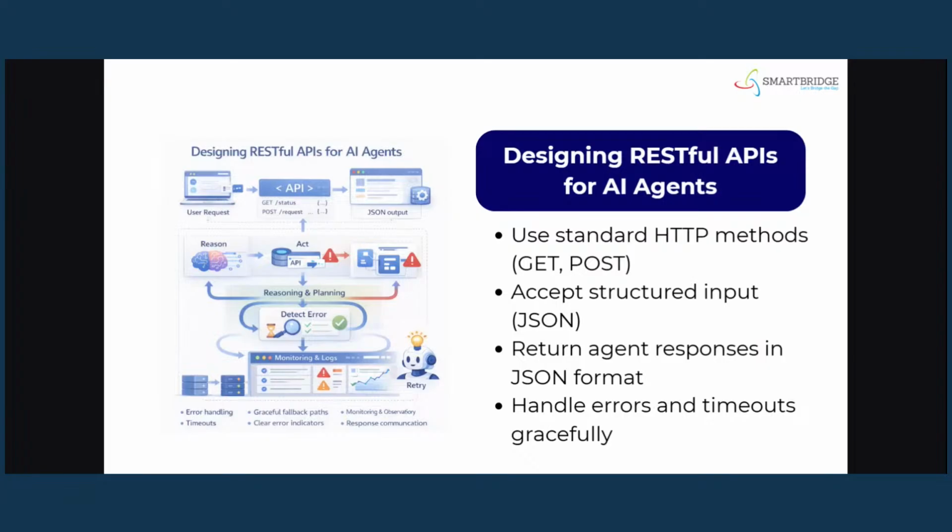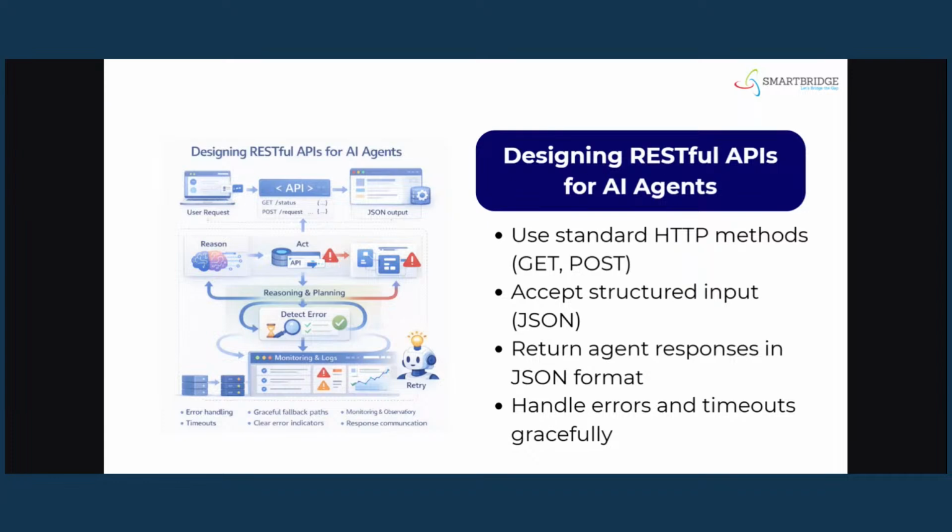This ensures the AI knows exactly what it is being asked to do. On the response side, the structure matters just as much. The application receiving the response needs to know what part of the response is text, what part is a decision, what part is an action, and what part is metadata.